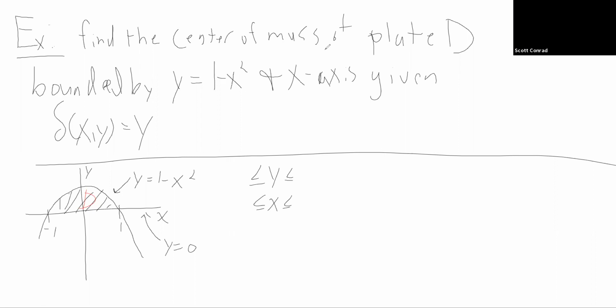So y goes from y equals 0 on the bottom to y equals 1 minus x squared on top. And x goes from what to what? From negative 1 to 1. Okay, so those are our bounds. We're going to use those for all of our integrals because we're integrating over the same region every time.